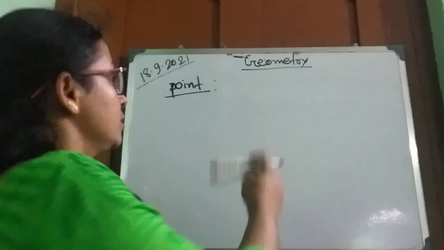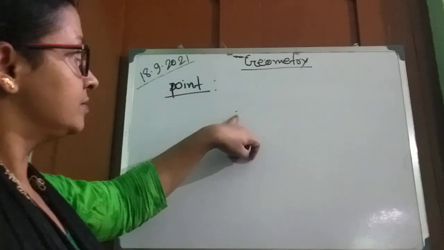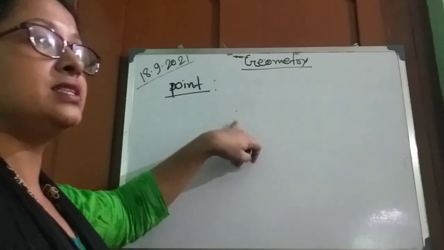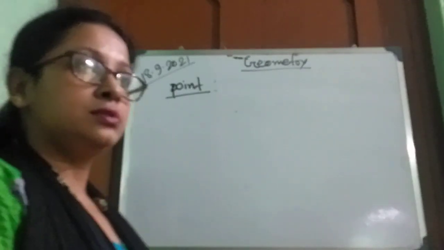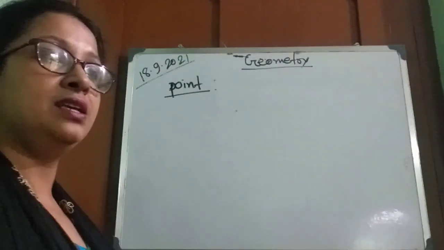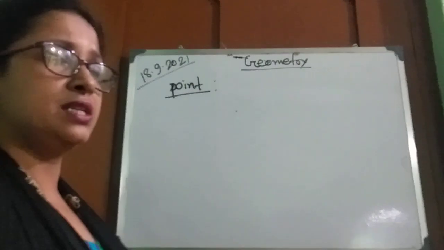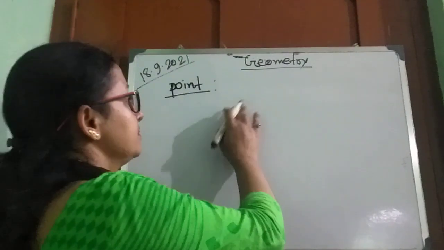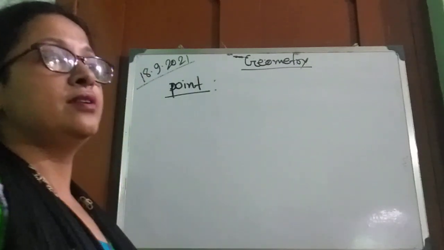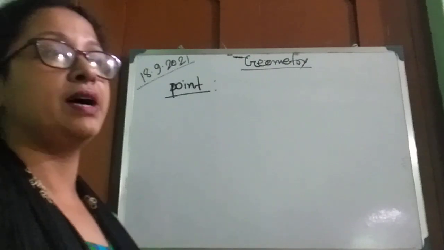So if I give this one dot, this dot represents a point, and by this point we can show the position of any place or any kind of substance. Okay, so this is the point. The point is a representation of a position, and which is presented by a dot.